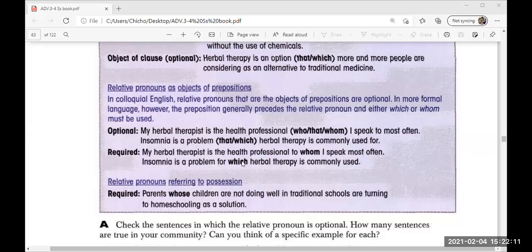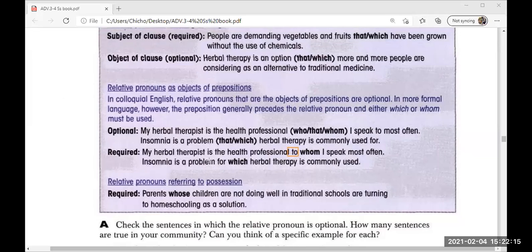So these change everything, to and for. That's why in these sentences the relative pronoun is required. But in the previous one, the relative pronoun is not required because we don't have these prepositions here, okay?